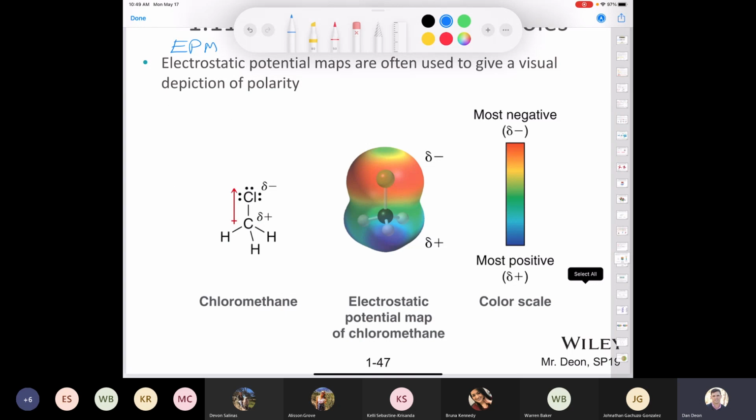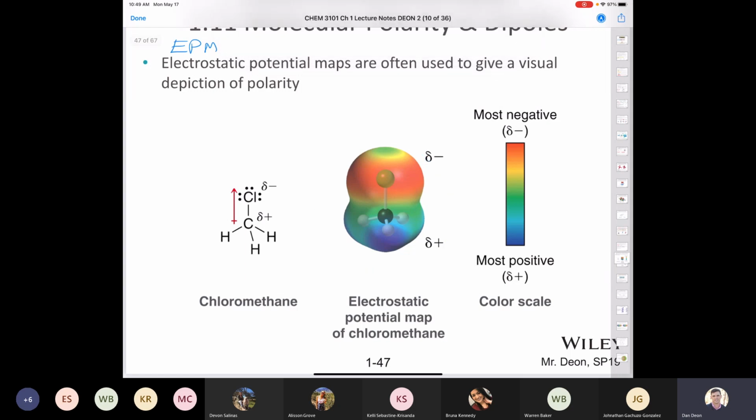In our textbook, whenever you see a rainbow colored electrostatic potential map like this one here for chloromethane, the more red that you see means there's more electron density, and the more blue color you have means less electron density. So they can be really handy when we're looking at reactivity of molecules later on. Electrostatic potential maps will come up quite a bit.